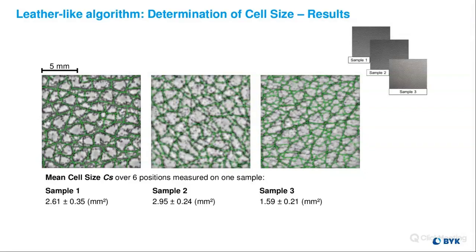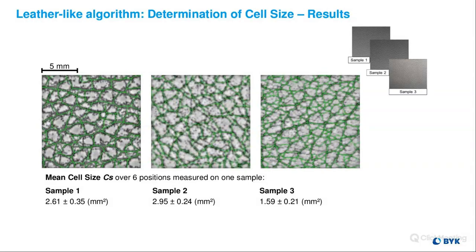To do that, we see our initial samples, sample 1, 2, and 3, now classified based on cell sizes. Sample 1 sits around 2.61 as a cell size, sample 2 is around 2.95, and sample 3 is about 1.59. What that shows us is that sample 2 seemed to have the largest cells, whereas sample 3 had the smallest cells.